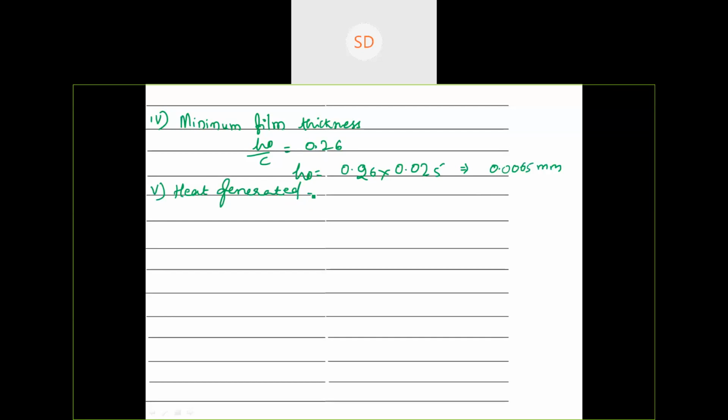So to get the heat generated, what do you need? You need the coefficient of friction here. Now, in this case, as clearly mentioned, the value of f has to be calculated based on McKee's and Feddersen equations. Now let us notify according to McKee's equation.